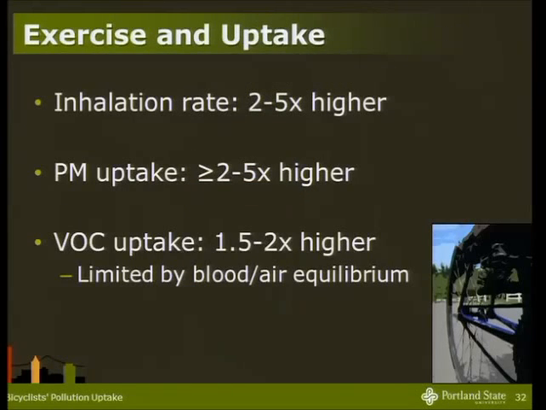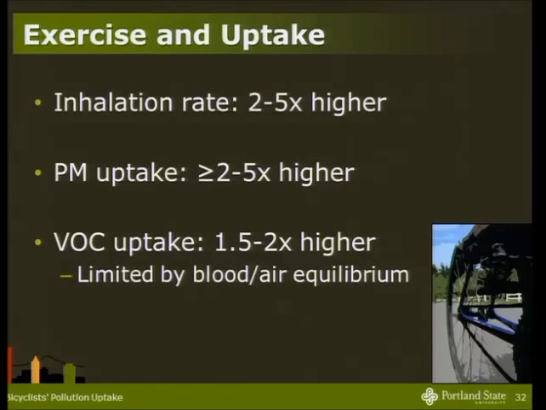Okay, and pretty much right at the beginning, I was talking about people exercising on city streets and as a result breathing in more air pollution. So I wanted to tie that back around and look at how uptake of traffic-related air pollutants is dependent on exercise level. As I said, bicyclists' inhalation rates tend to be about 2 to 5 times higher than people in non-active travel modes. So they're breathing more.